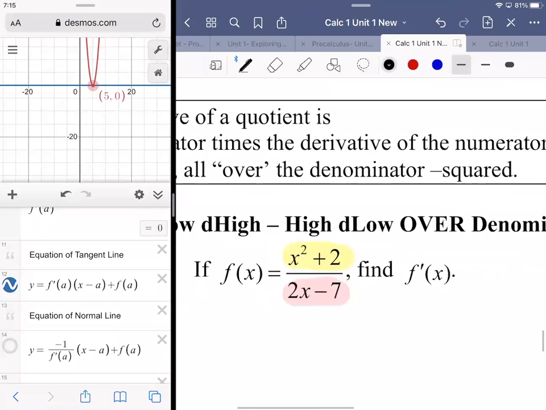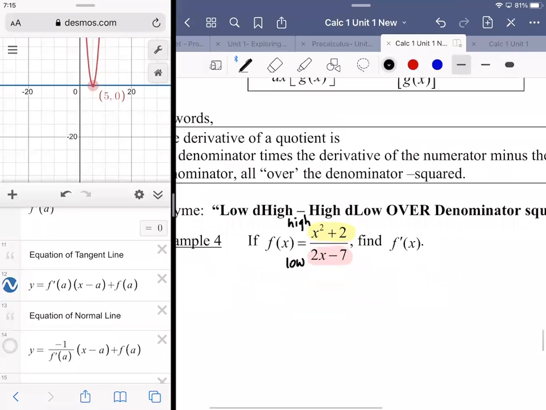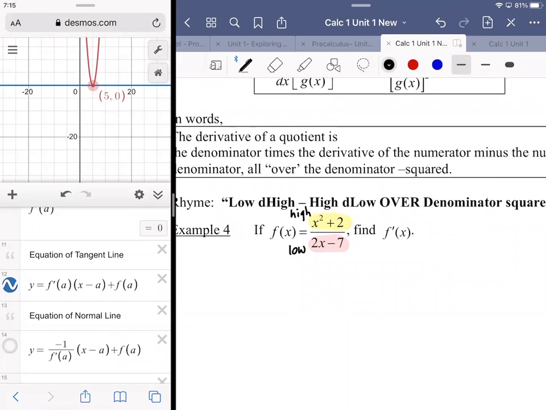So we call this the high term, if you want to use the rhyme anyway. And we call this the low term. Why? Because it's physically higher, not in value, but position wise, it's elevated. All right.